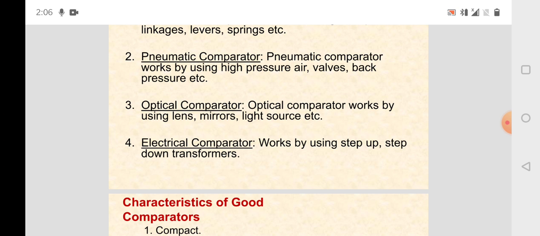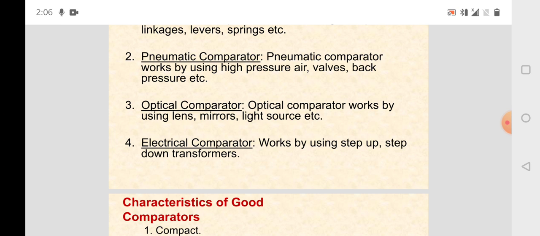And then the last one is pneumatic comparator. So here it is not coming in contact with the workpiece, so wear and tear will be very less. Very small number of moving parts are there, and hence we can say there is less friction.